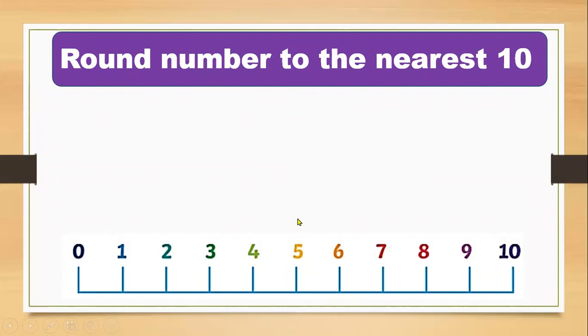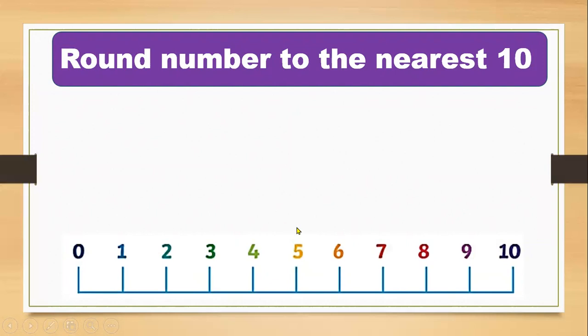If your number is smaller than 5, you have to round down. Like 4 is smaller than 5, so you round 4 to 0. 3 is smaller than 5, so you round down to 0, because 4, 3, 2, and 1 are nearest to 0.